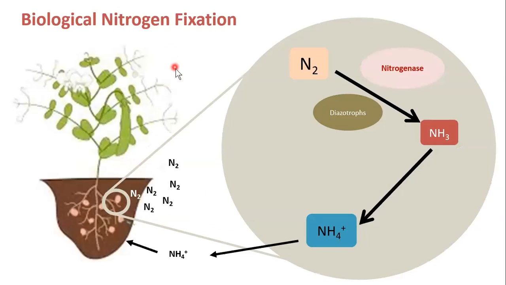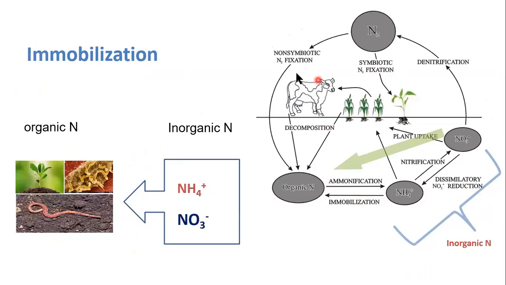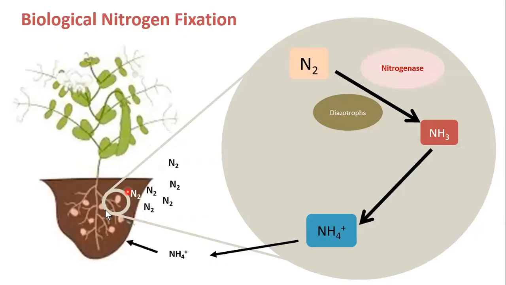We have another aspect, if we just see here, this is the nitrogen fixation. So the nitrogen fixation is by the microbes, rhizobia in the form of nodules with a symbiotic association, and they take molecular nitrogen from the atmosphere.